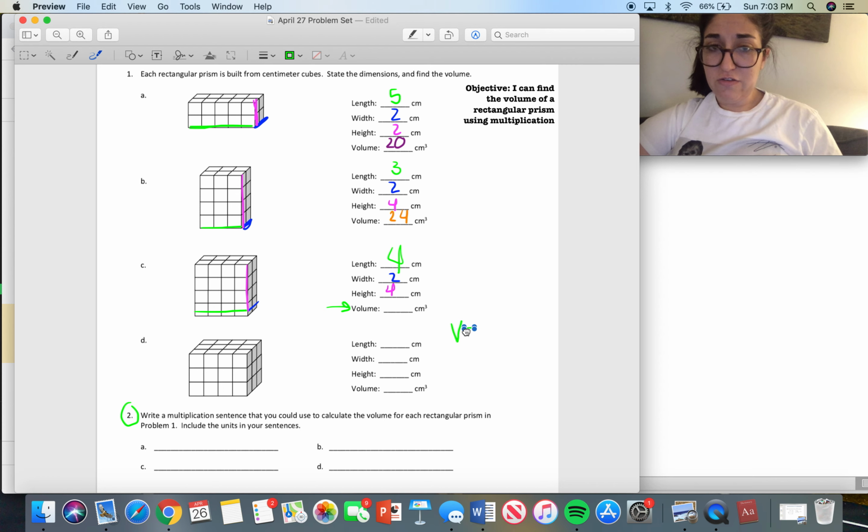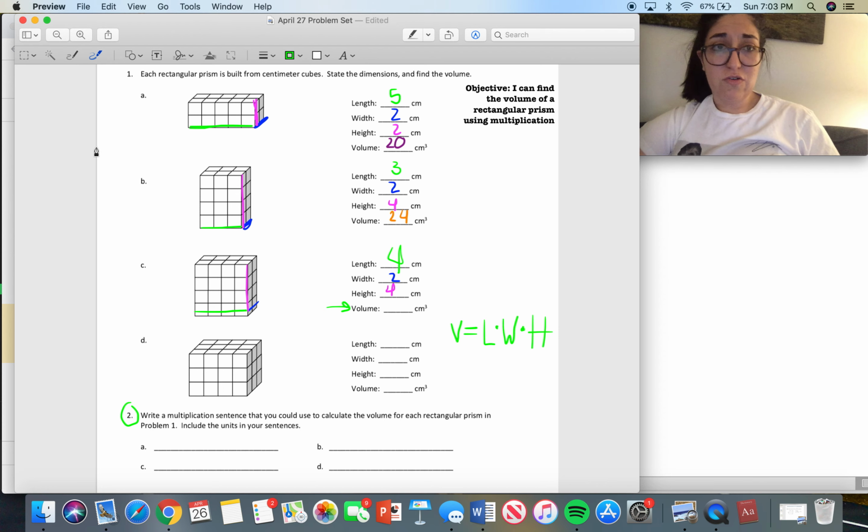So for the first one, remember that volume is, I'll say this all the time, length times width times height. By the way, a shortcut for writing times is a little dot instead of an X. Length times width times height.